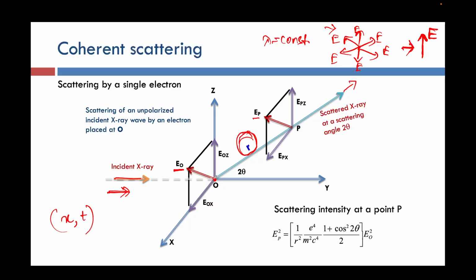So here at the origin, if you see the resultant electric vector, this is E0, right? The resultant electric vector can be broken into two components, E0Z and E0X.